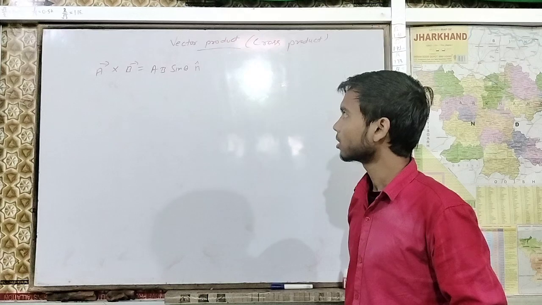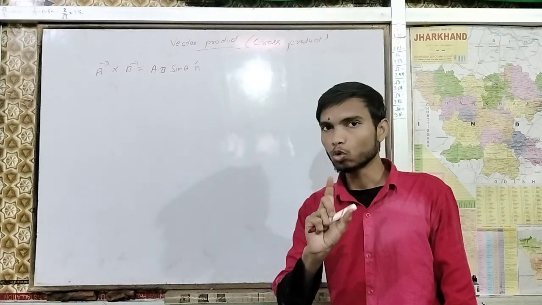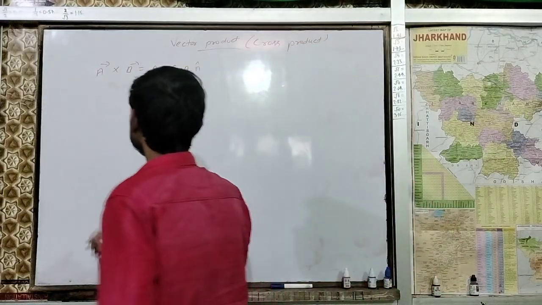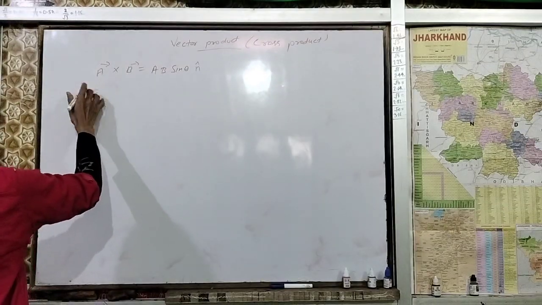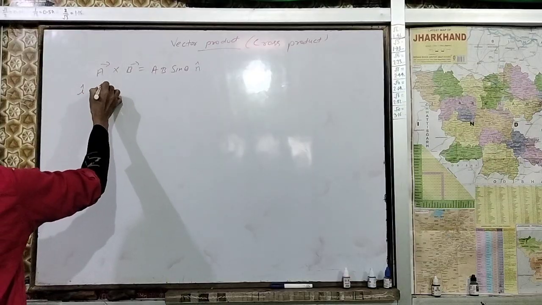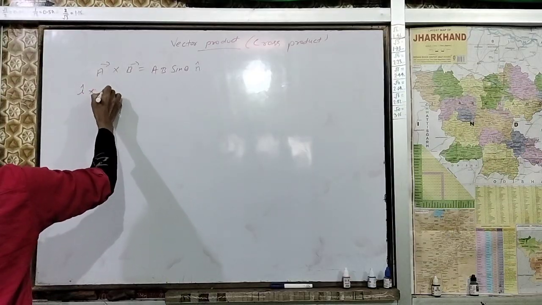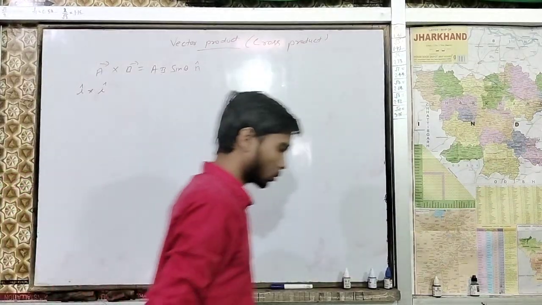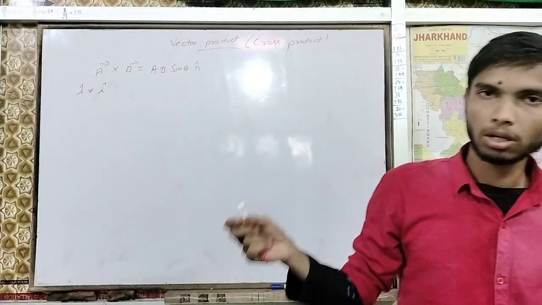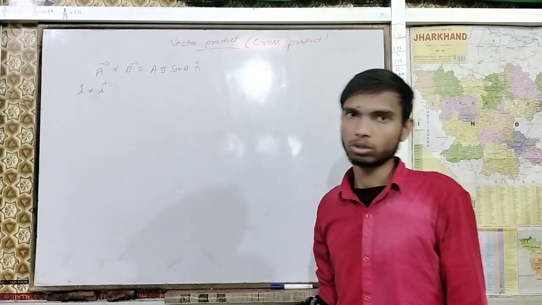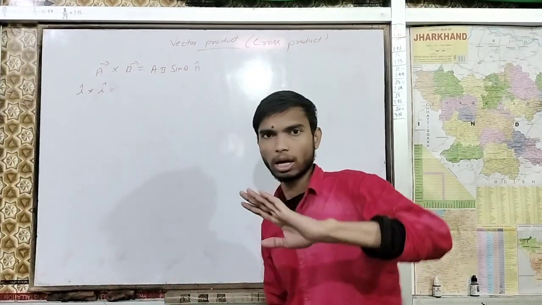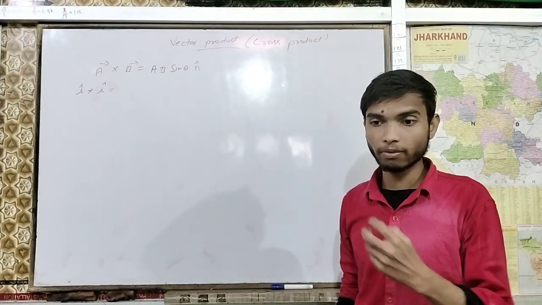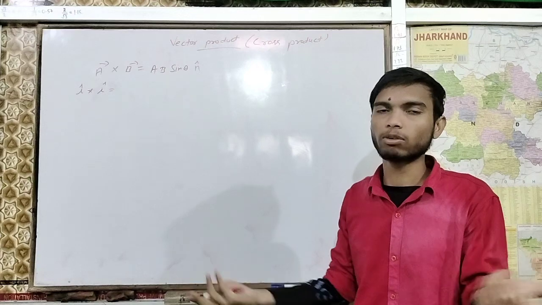Okay. From this you will find a lot of things. For example, if you take i cap cross i cap, we took two vectors, which is i cap again cross i cap. Now the angle: you have seen that if we take same components, angle would be 0.